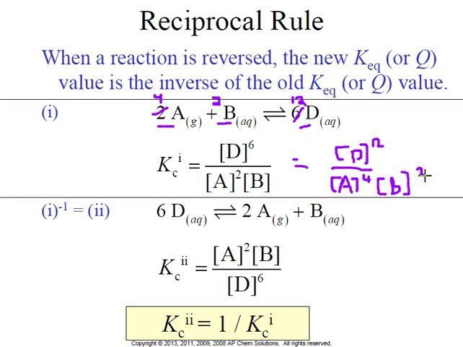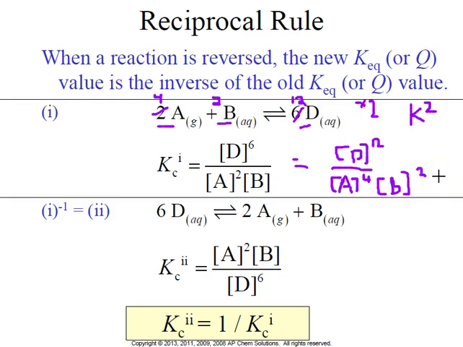Alright, so if you change your coefficients, in this case we multiplied our coefficients by 2, that actually changes your exponents by a factor of 2. So when you change your coefficients, if you multiply them by some factor, you raise your K to that power. Okay, so that's the difference there.